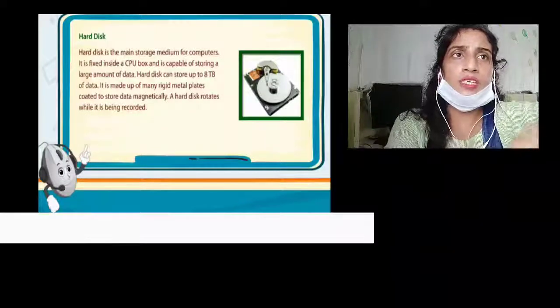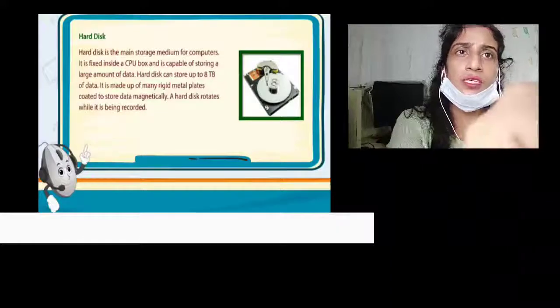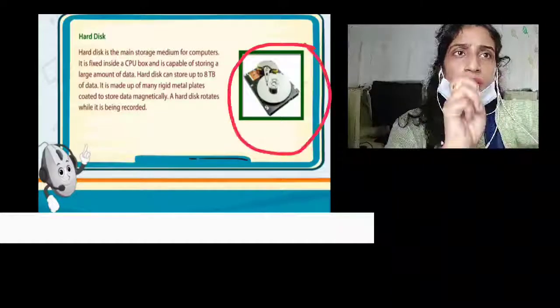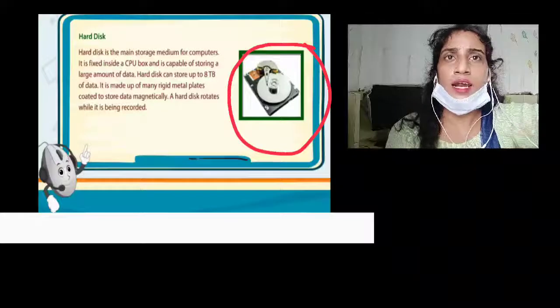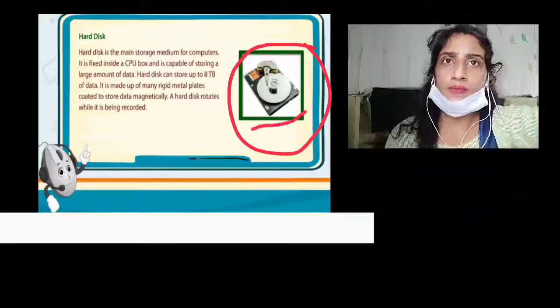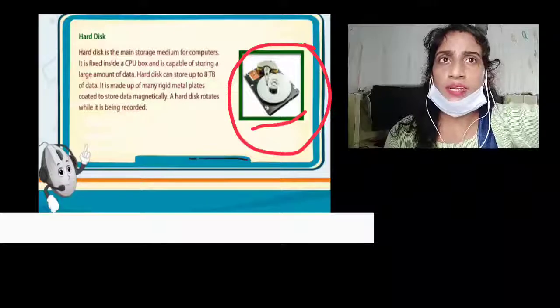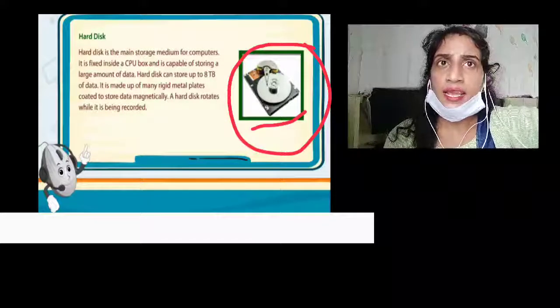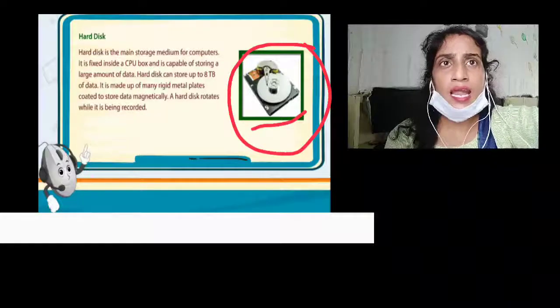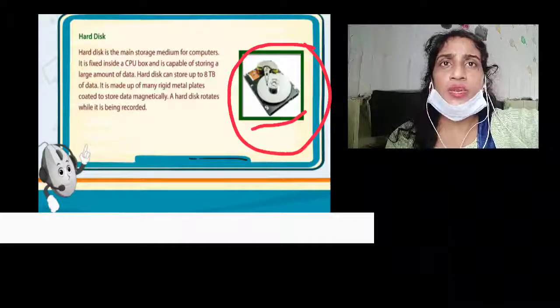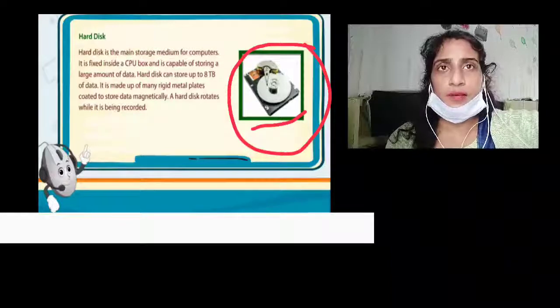The first type of secondary memory is hard disks. Have you seen this picture, students? This is the hard disk. Hard disk is the main storage medium for a computer. It is fixed inside a CPU box and is capable of storing a large amount of data.